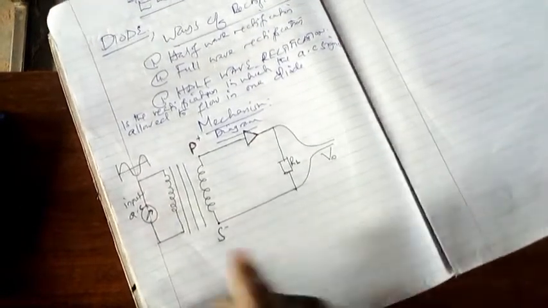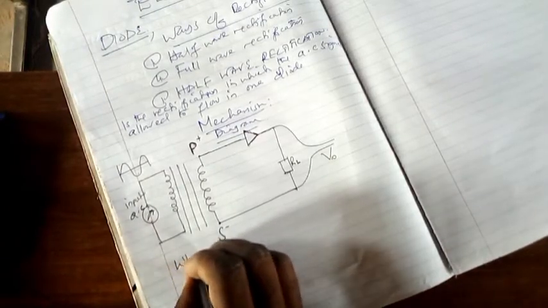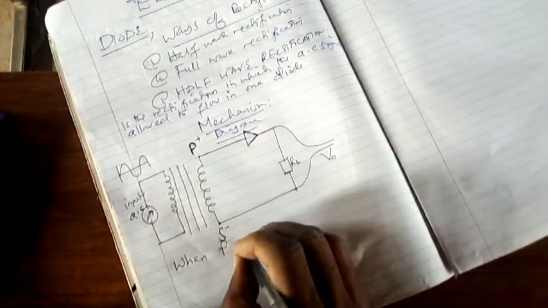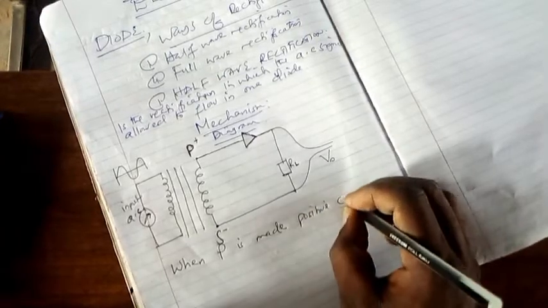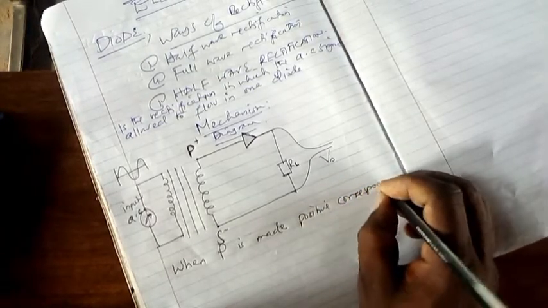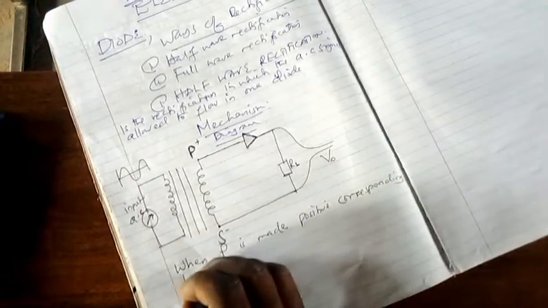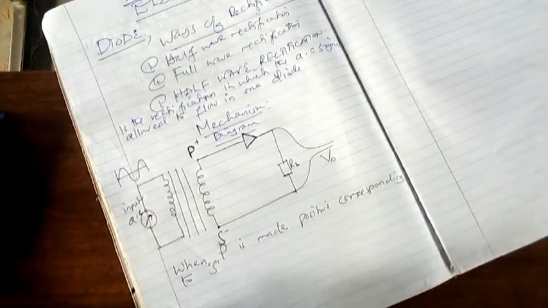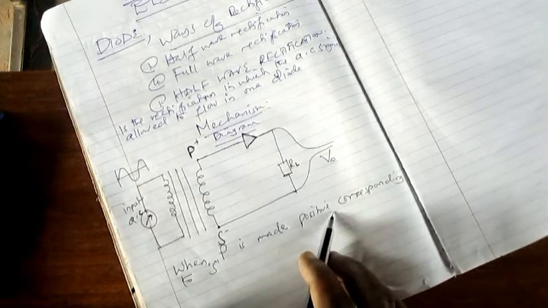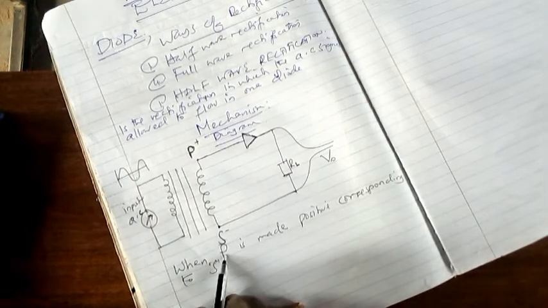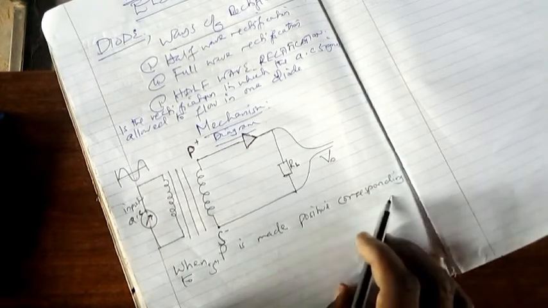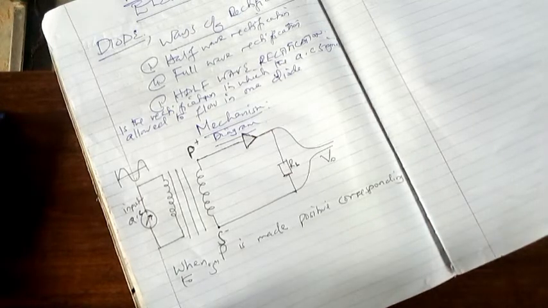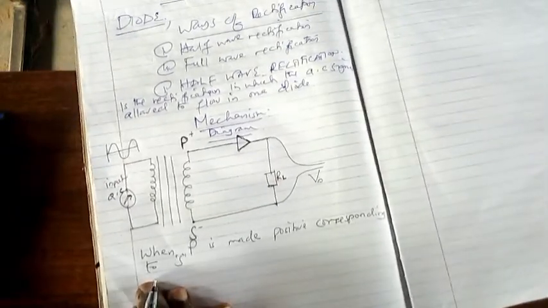Okay, what does the mechanism say? It says: when P is made positive corresponding to S. If P is made positive, what will the other one be? It means it will be negative, because we know we have two types of terminals.